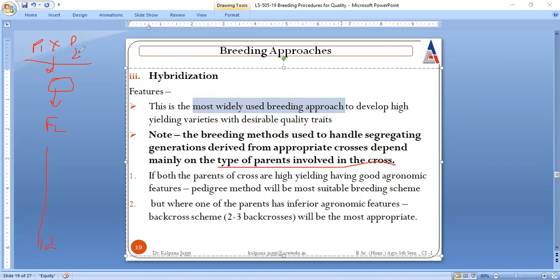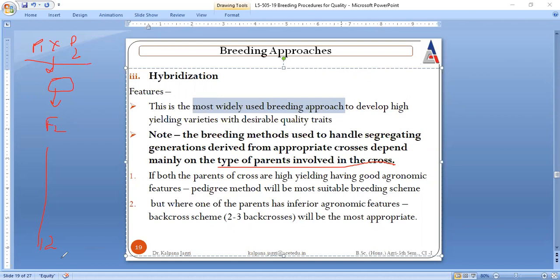Once the two parents are crossed, they give you progeny that is said to be F1. From the F1 progeny, depending upon your motto, we adopt pedigree, backcross, or any methodology, and then it gives rise to a number of segregating generations. The number of segregating generations in turn depends upon what methodology you are using for handling the segregating generations.